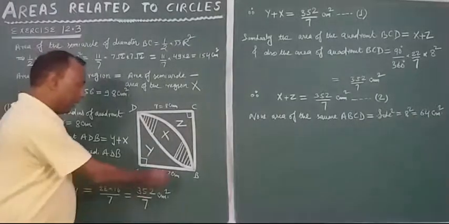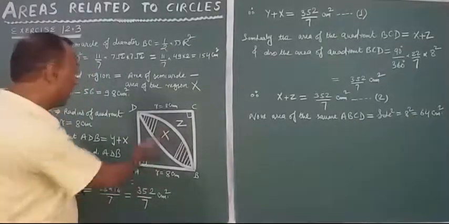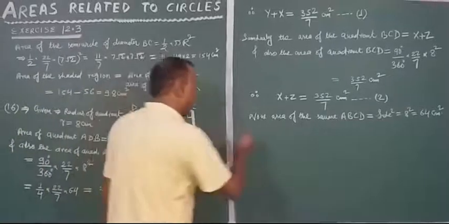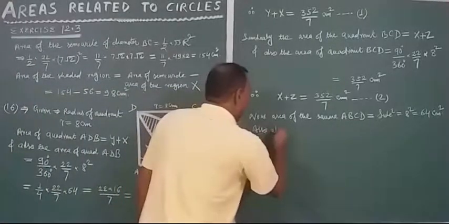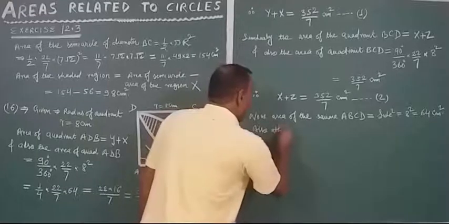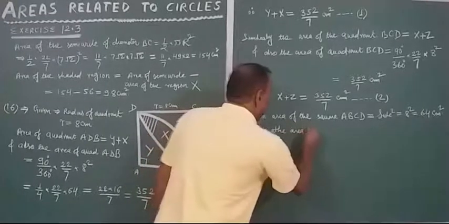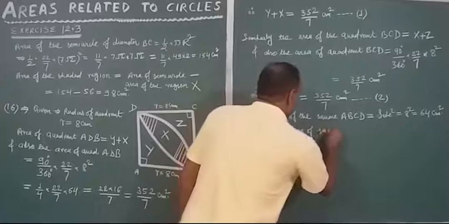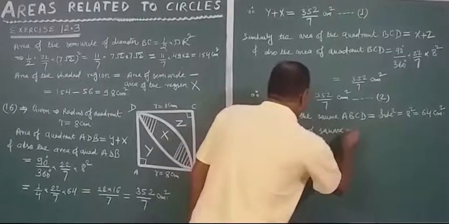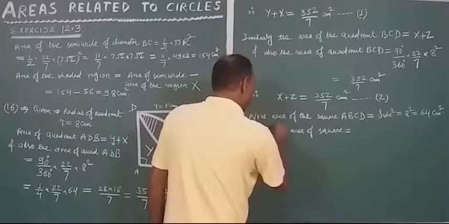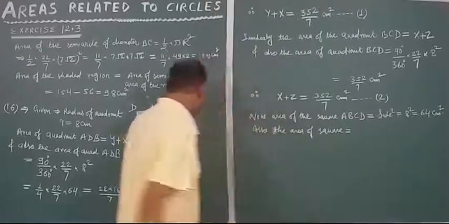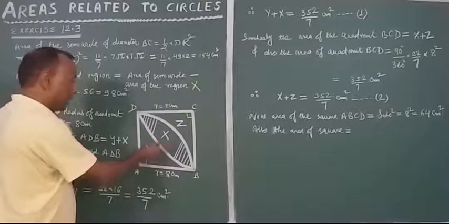What will be the area of this square ABCD? That is 8 square. And also the area of the square. Just look here. What will be this area? Y plus x plus z.